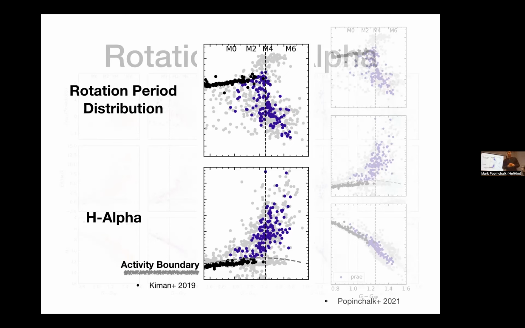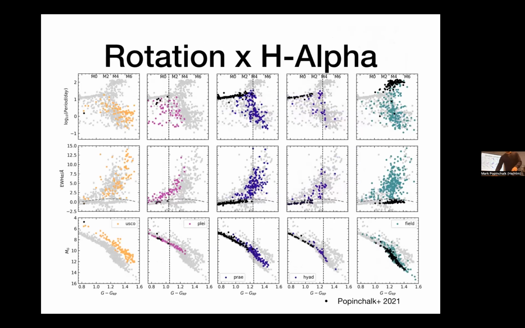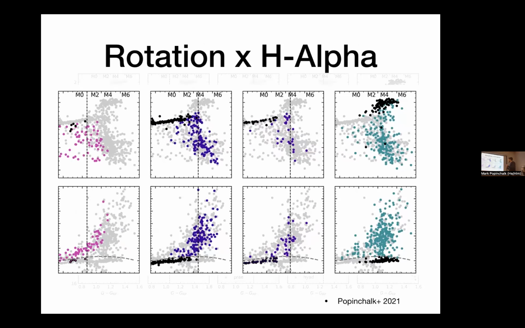If we zoom in now, that's the whole picture, but let's look at the four oldest sections. Again, we've got Pleiades, Praesepe, and Hyades, so about 100 million years to 700 million years in the third column, and then field objects on the right.